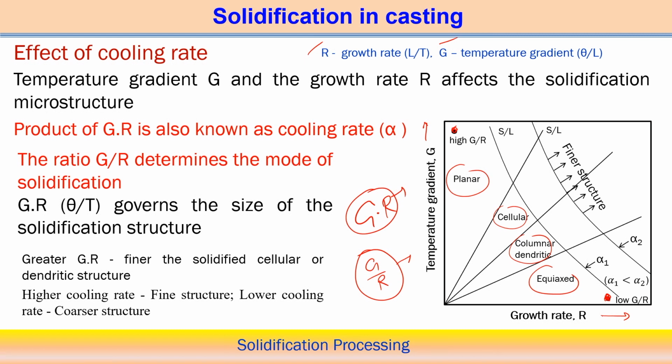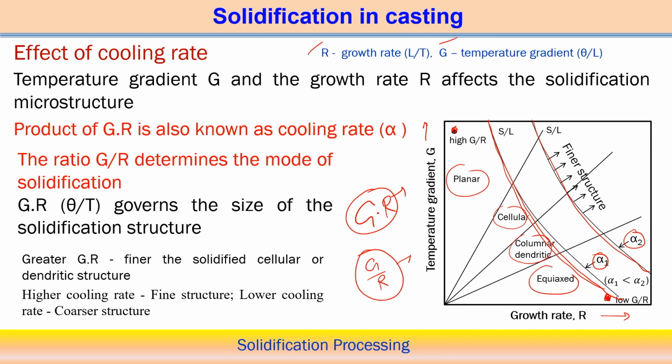Now if you take the cooling rate, overlapping the cooling rate, this indicates the solid liquid interface here. This line indicates alpha 1, and alpha indicates G into R. Basically this G into R is simply the representation of the curve x into y equal to a constant value.